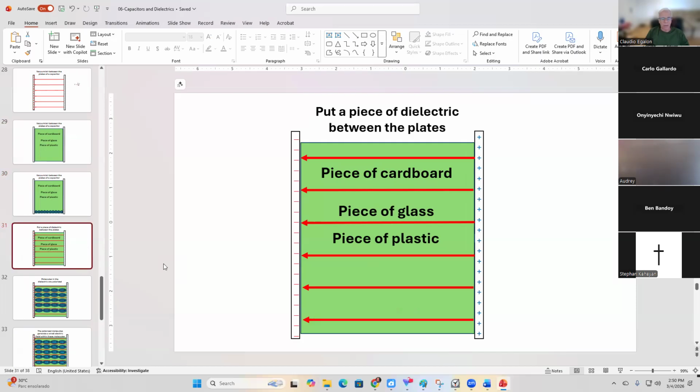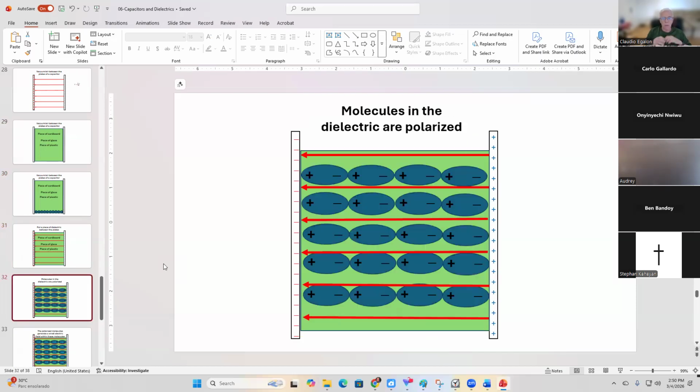This electric field is going to stretch the molecules. It's going to try to separate the negative charges from the positive charges. That's what we call polarization. The molecules are going to become polarized. Initially the negative and positive charges were very close to each other.